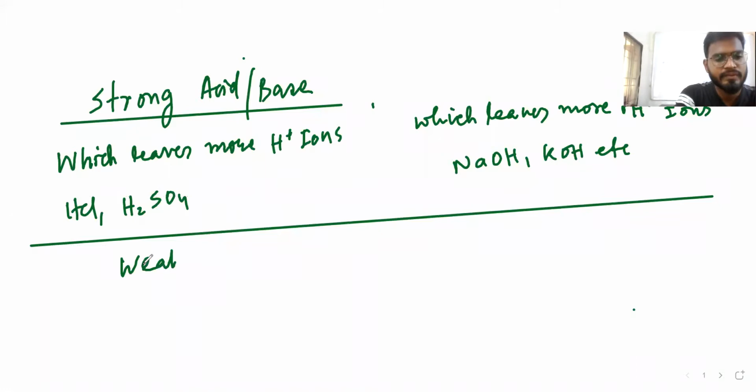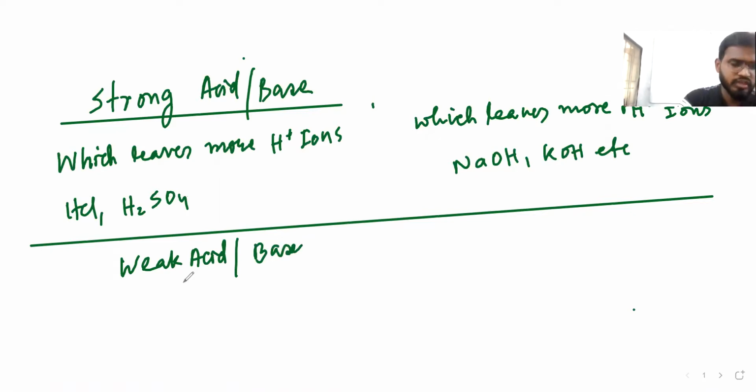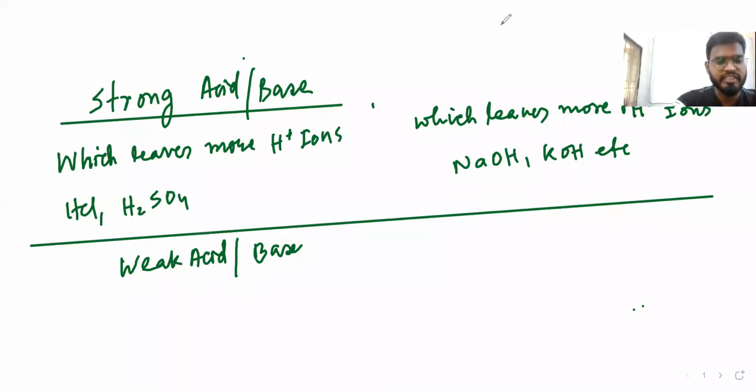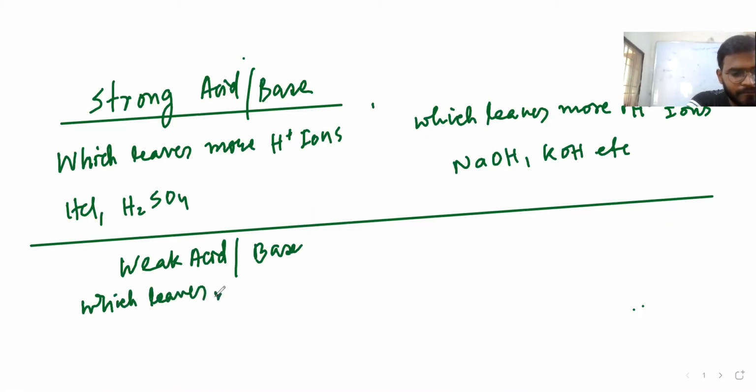So what is a weak acid? Just the opposite of a strong acid, which leaves more H plus ions. A weak acid leaves fewer H plus ions in aqueous solution.